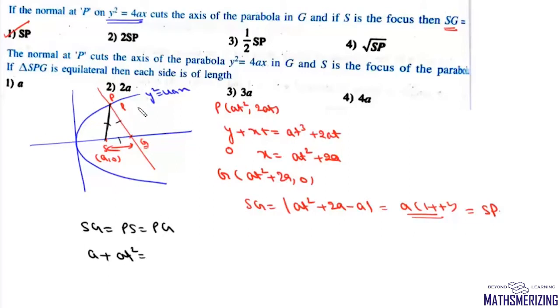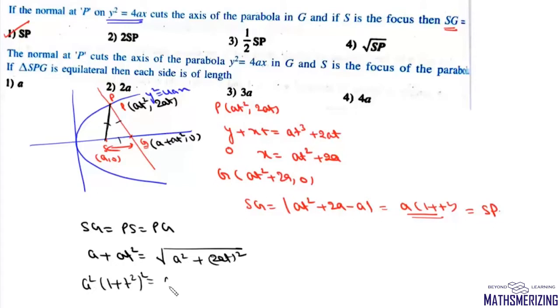And what is this distance? P is (at squared, 2at) and G is (a plus at squared, 0). So this distance will be the square root of (a squared plus 2at squared)... so we'll write a squared times (1 plus t squared) whole squared equals a squared times (1 plus 4t squared).